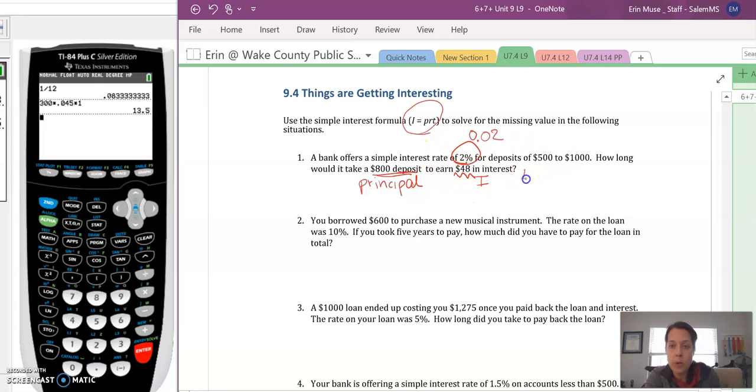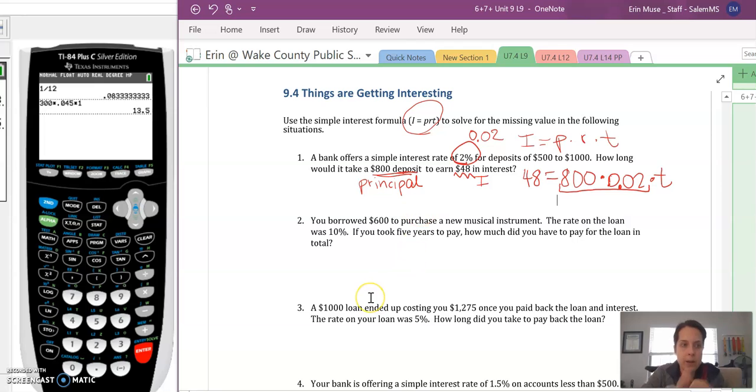So my I is $48. So I'm going to put I, P times R times T. My I was 48. My principal is the initial amount I deposit, or it could be an amount I borrow, times the rate, 0.02. I'm just going to put my 0 there so I can keep the multiplication and decimal separate. Oh, and I don't have my time. So from here, it's a pretty simple equation.